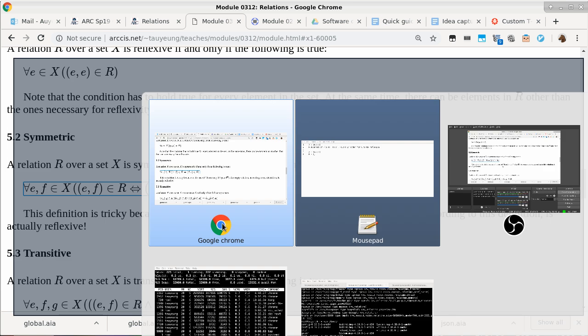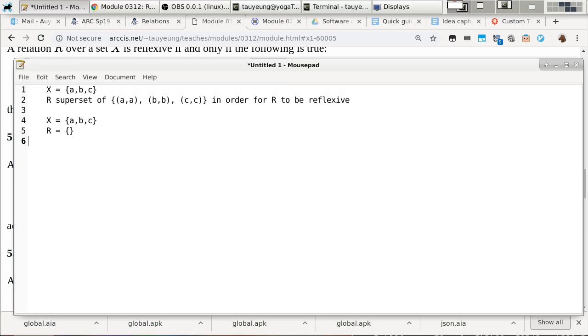So let me show you some examples of what is symmetric and what is not. So this is symmetric. Now R is AA, BB, CC, which makes it reflexive. It's also symmetric, right? Because if AA is in R, so is AA.